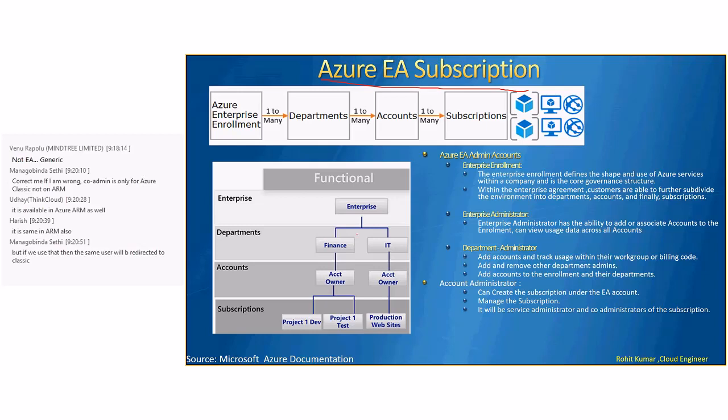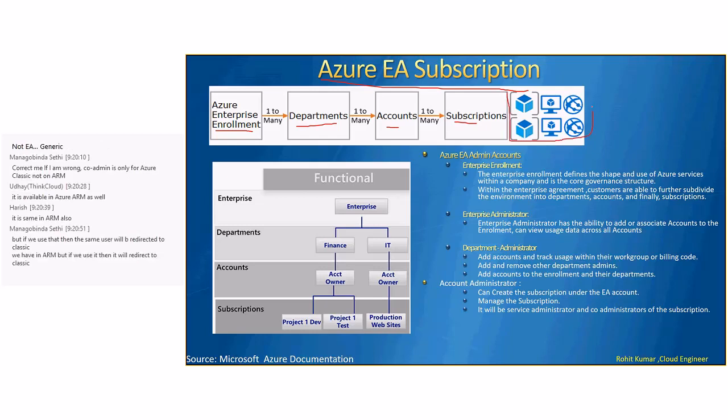This slide was made by one of my core team members, Rohit Kumar. If you want to enroll with an Azure enterprise enrollment, then you need a live ID, and then your account would be the departments, and then accounts and the subscription, and you will have all the resources access here.